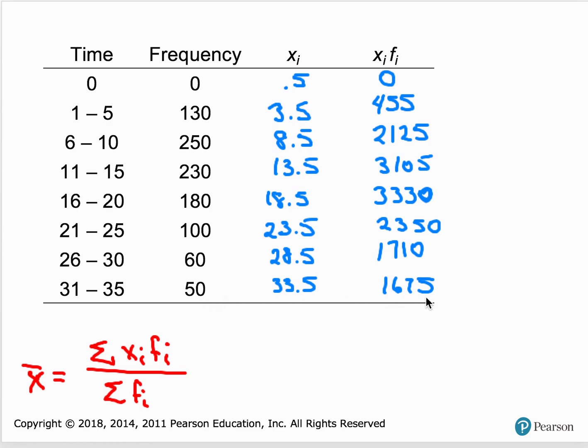So 1675 plus 1710 plus 2350 plus 3330 plus 3105 plus 2125 plus 455 is 14,750. This one might be easier to add without the calculator. 5, 6, 7, 8, 10, 8, 99, 29, 7,000.